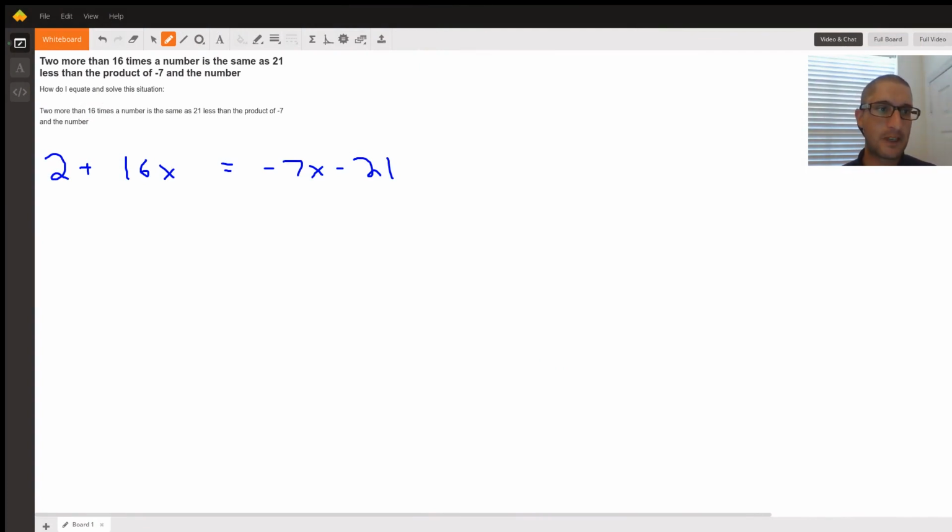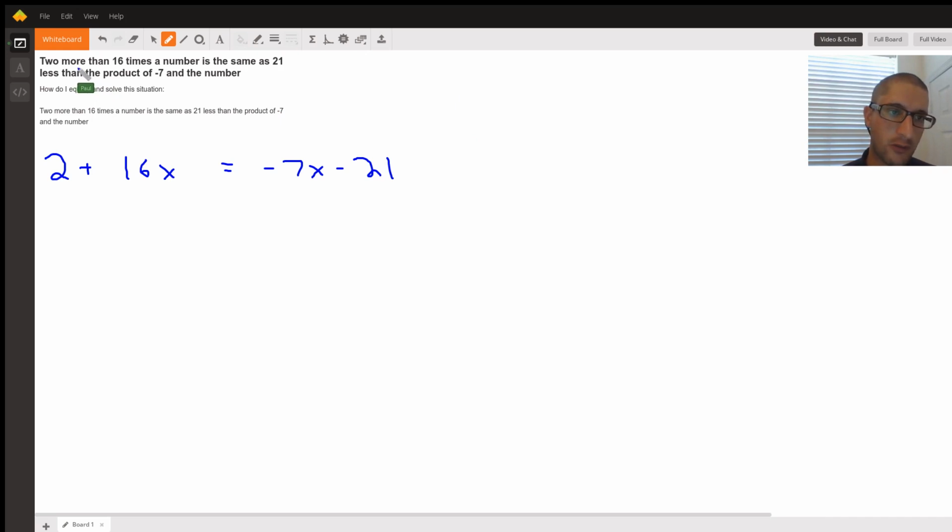I think the key to being able to translate sentences into equations is knowing some of the key words. Some of them may be somewhat obvious. For example, if you see here, same as means equal to.